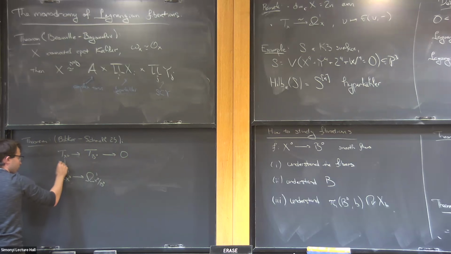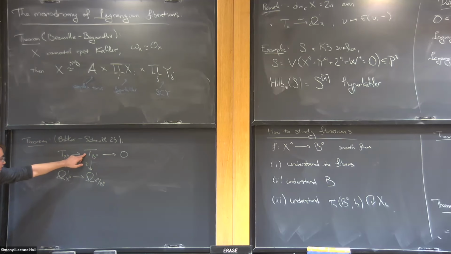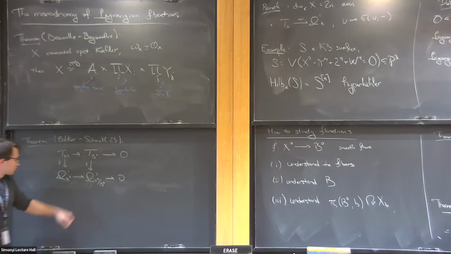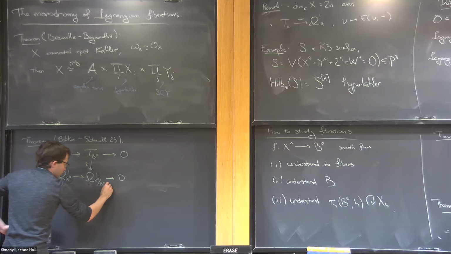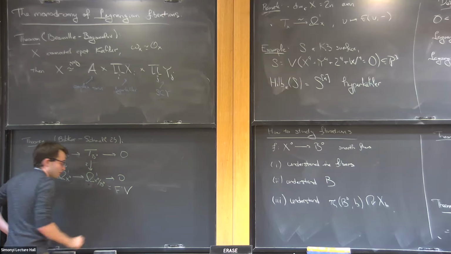And the claim is that contraction actually gives an isomorphism between the tangent bundle of the base and the relative cotangent bundle of X over B. Well, this is identified by definition with F1 of our variation, the top piece of the Hodge filtration.